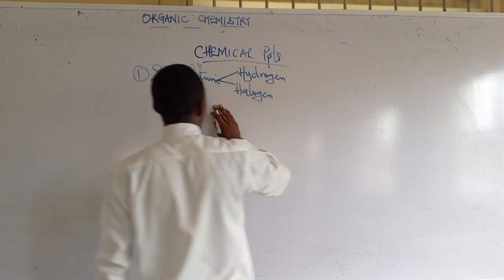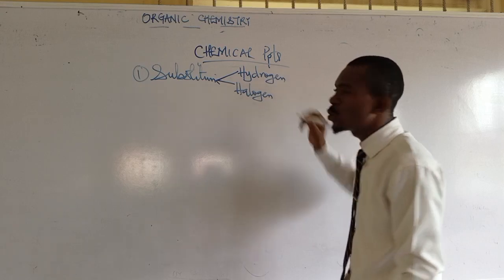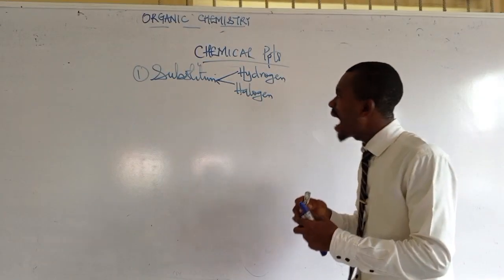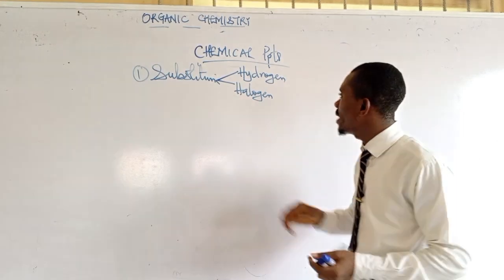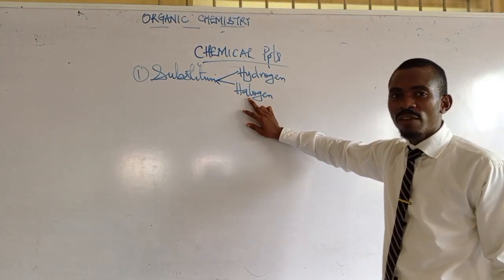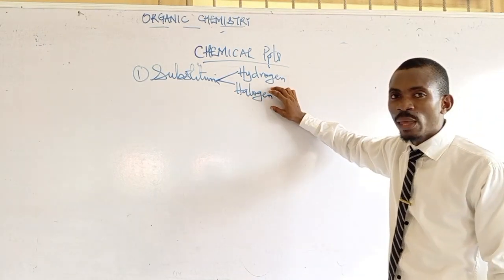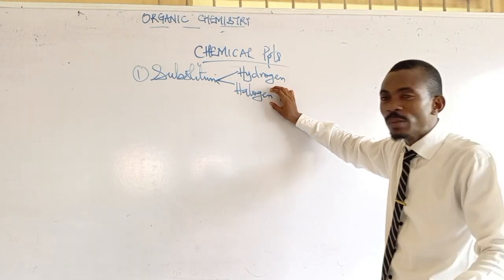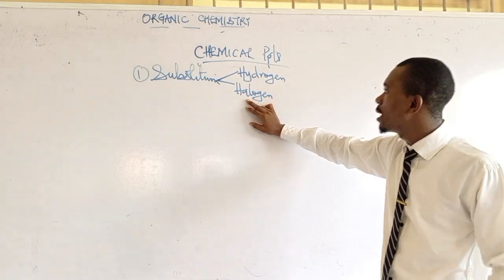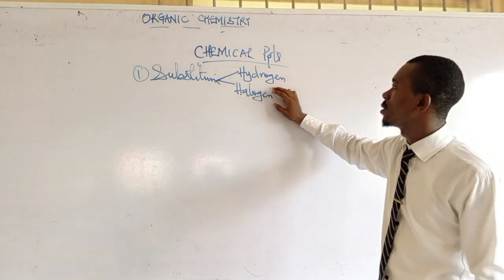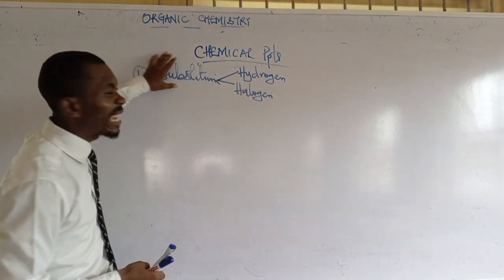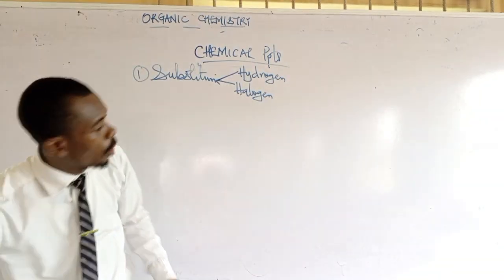The one that it reacts with hydrogen is called hydrogenation reaction. That with halogen is called halogenation reaction. There are different halogens. We have chlorine, bromine, iodine. So the one that it reacts with iodine is iodination, chlorine, chlorination, bromine, bromination. So this is the type of substitution reaction that the methane gas can undergo.